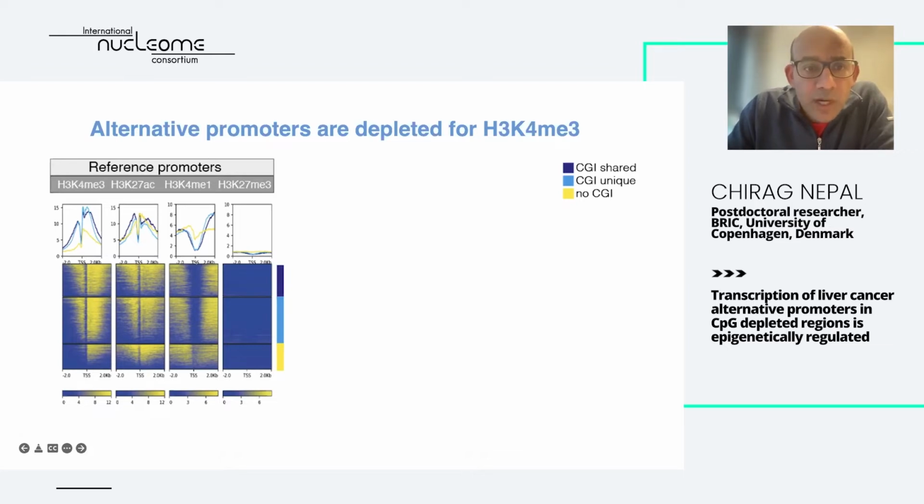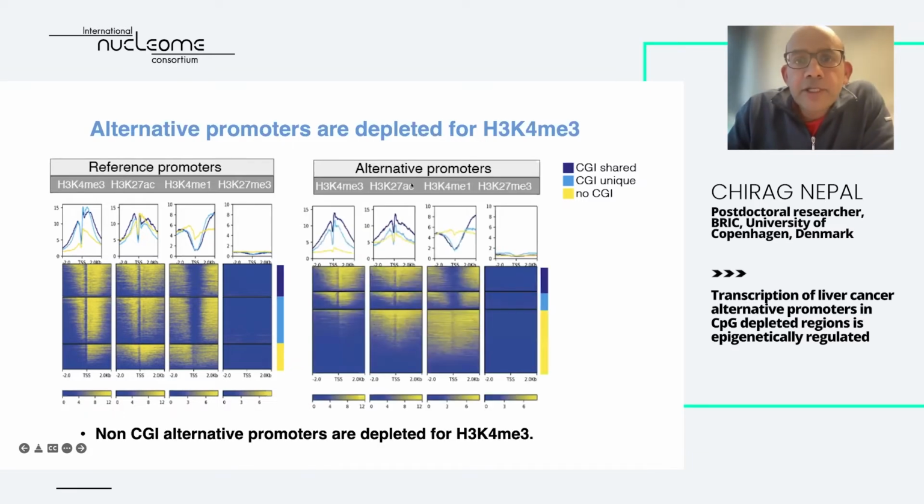And for K4me1, when there is a CpG island, the K4me1 peak is further away, and as the CpG island shrinks, the K4me3 peak comes closer, right? And K27me3 is not there because these are active genes. But then when you look at the alternative promoters, you see that the large majority of them do not have a CpG island, and they have a very low K4me3, but still there is K27-acetyl, and K4me1 is enriched here.